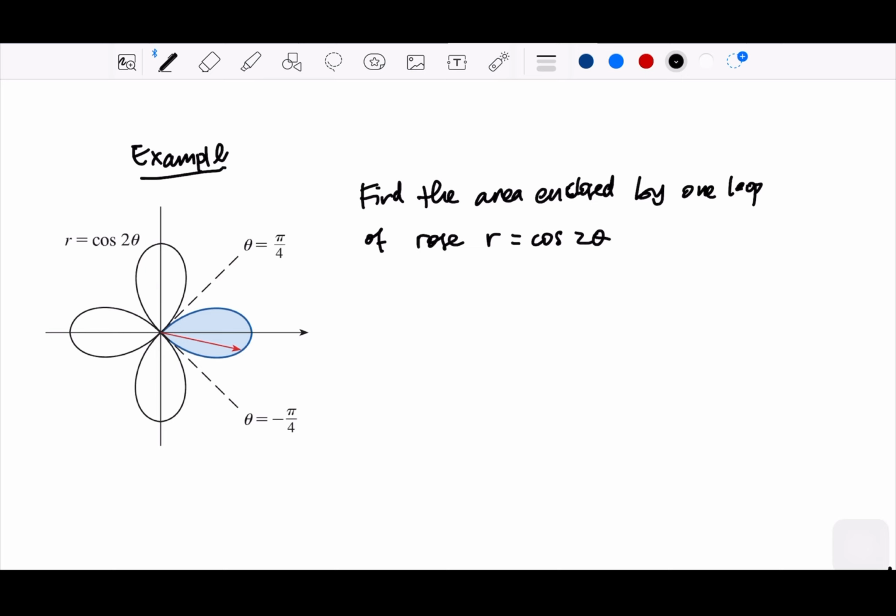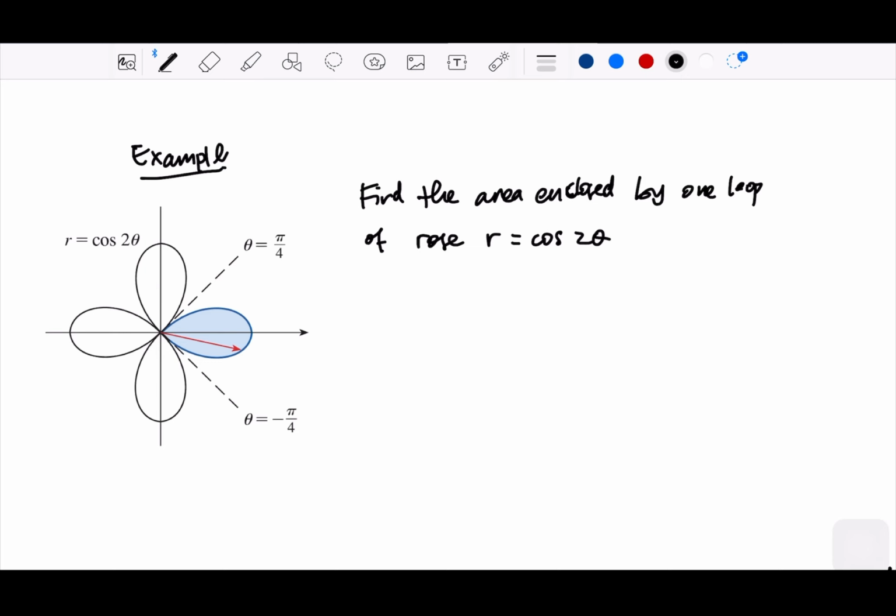We start from here, because it's cosine, so at 0 it will be 1, so start from here. And when theta is pi over 4, r becomes 0. So that's why we move to pi over 4, or we stop here.